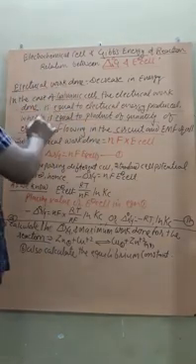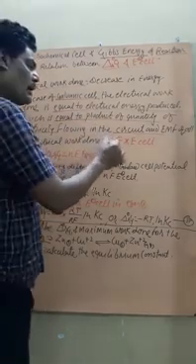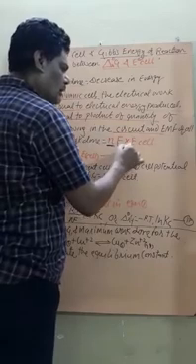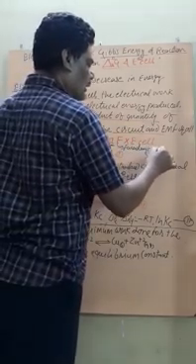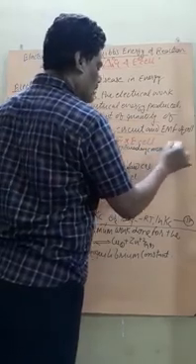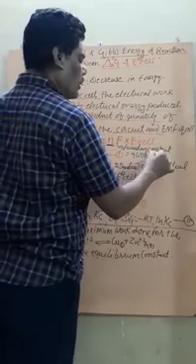Now the quantity of electricity flowing in the circuit is equal to what? It is equal to the number of moles of electrons multiplied by the Faraday constant. Here F is the Faraday constant. And what is the Faraday constant? It is 96500 coulomb.